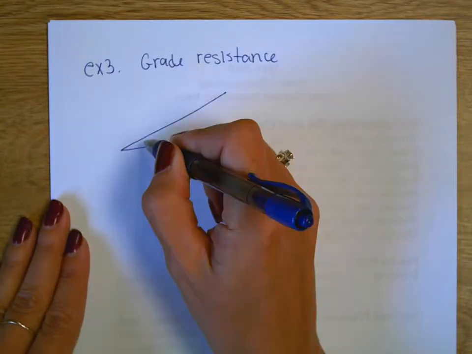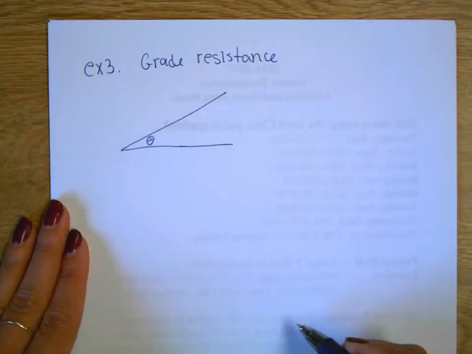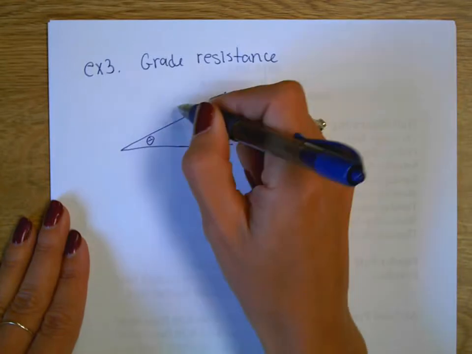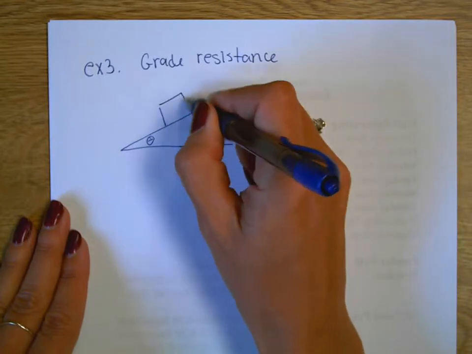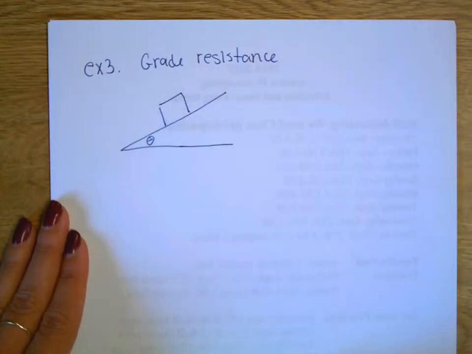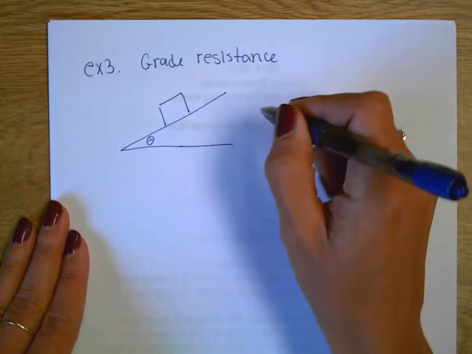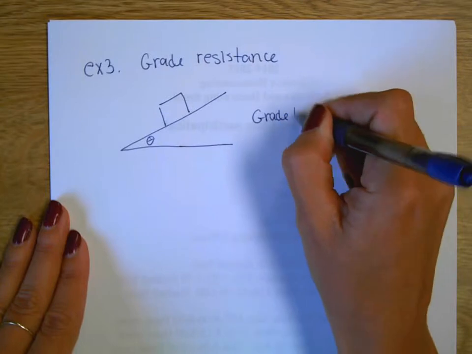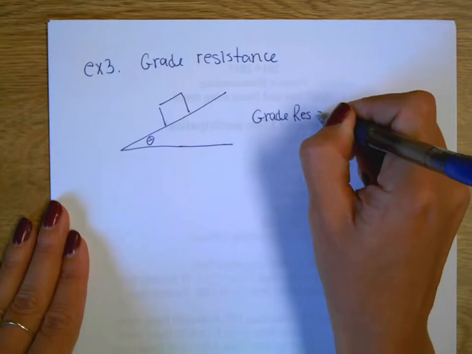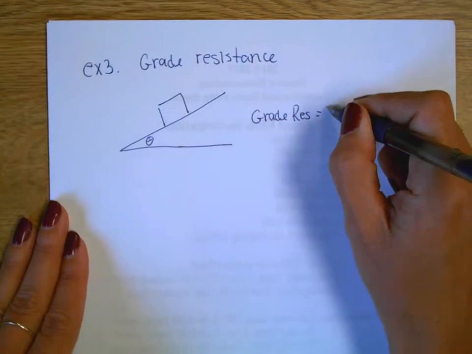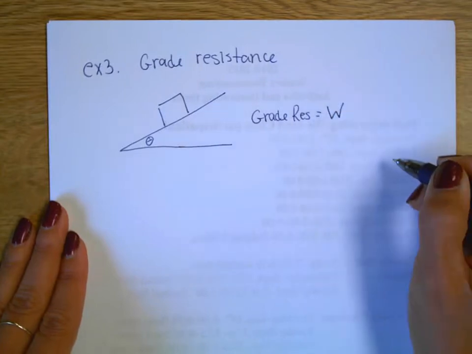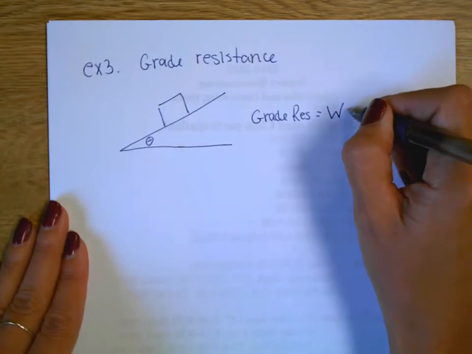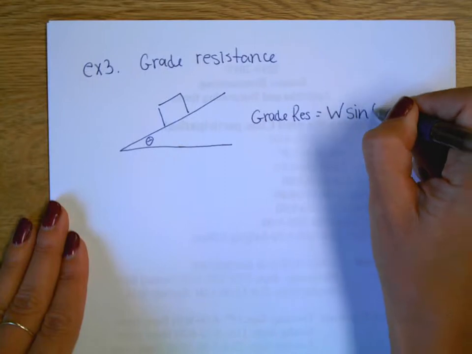So we've got some kind of a hill with an angle. We've got some kind of an object on the hill. And the grade resistance formula is equal to the weight of the object multiplied by the sine of the angle.